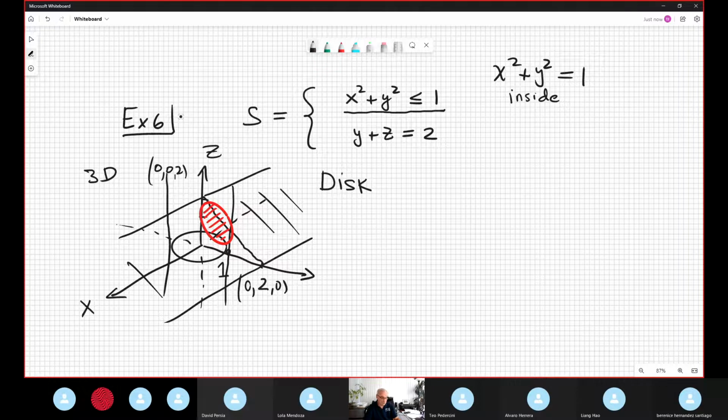Entonces, what is the parametrization of this? The parametrization is easy because, for example, you define the vector valued function, two parameters, because it's a surface, two parameters. And the parameters that I name are r and theta. Theta is a parameter that goes from 0 to 2 pi, because it's a complete full circle.